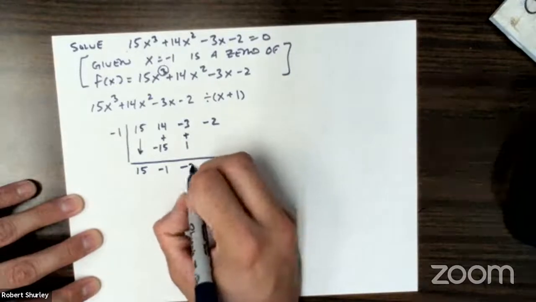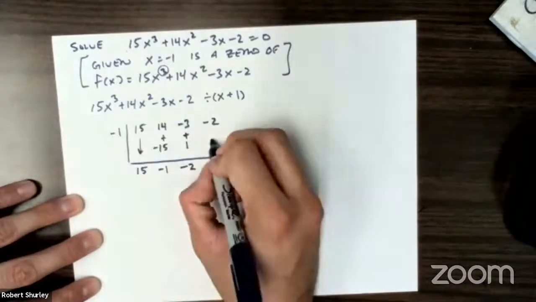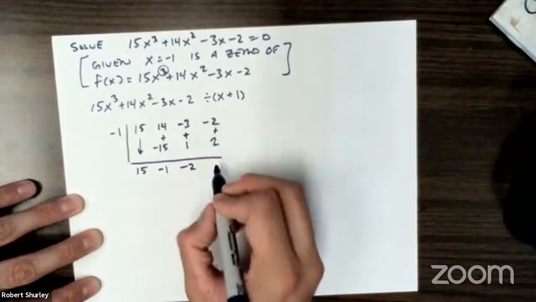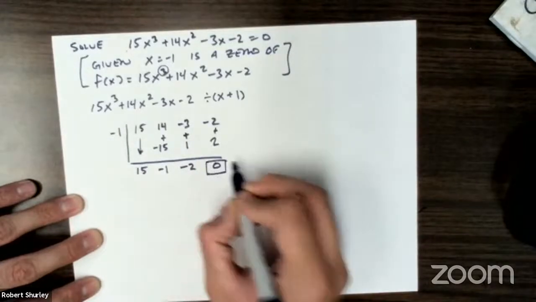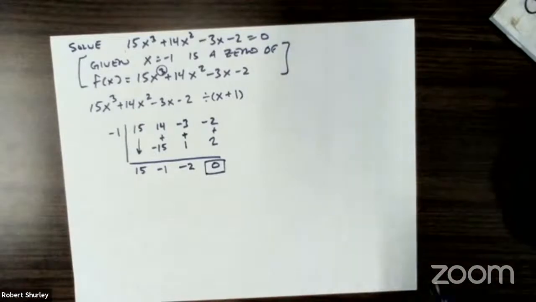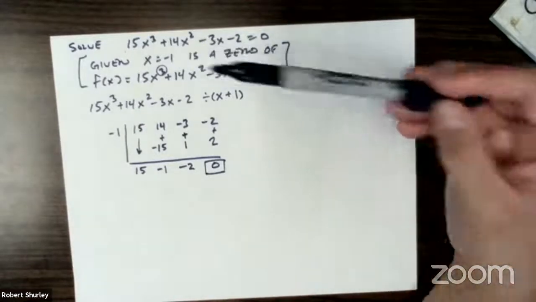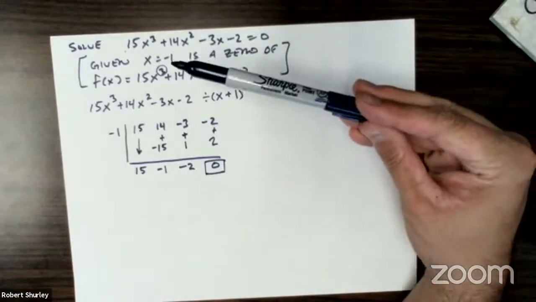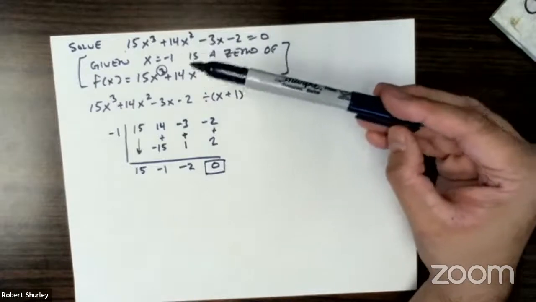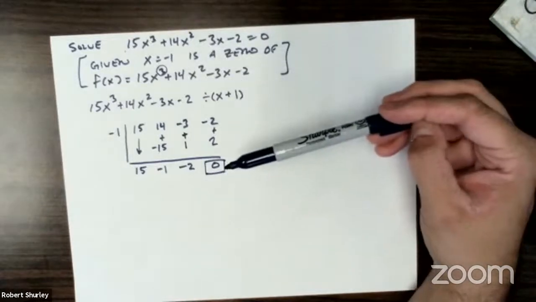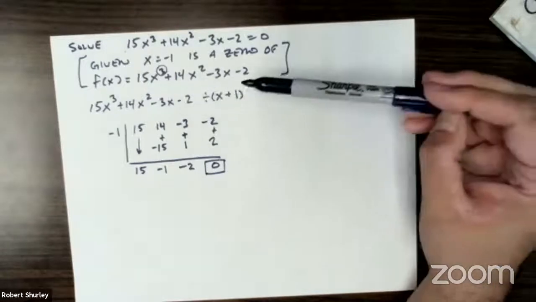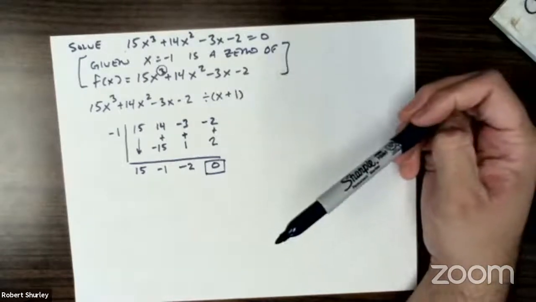Add it, I get a -2. Multiply it, I get a +2. Add this, and I'll wind up with 0, which is exactly what we should wind up with, right? We knew that -1 is a solution. And because we knew it was a solution already, that was the hint, right? Then we knew that this remainder had to be 0 once we divided it out of the polynomial, okay?